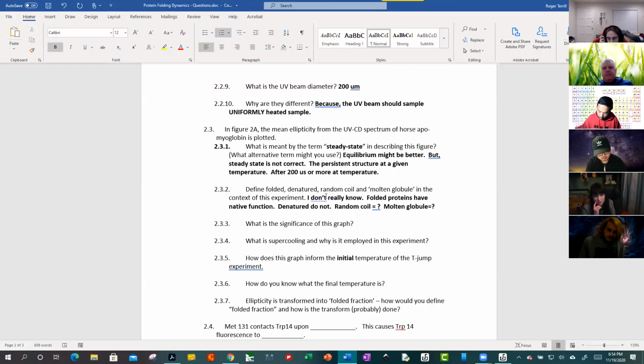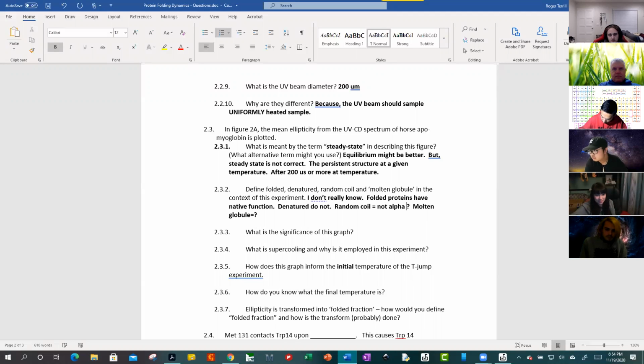And random coil is what they call an unfolded structure where it's not like an alpha helix or a beta sheet, and it has its own kind of profile as well. Got it. And the molten globule is an intermediate structure in the folding process, right?